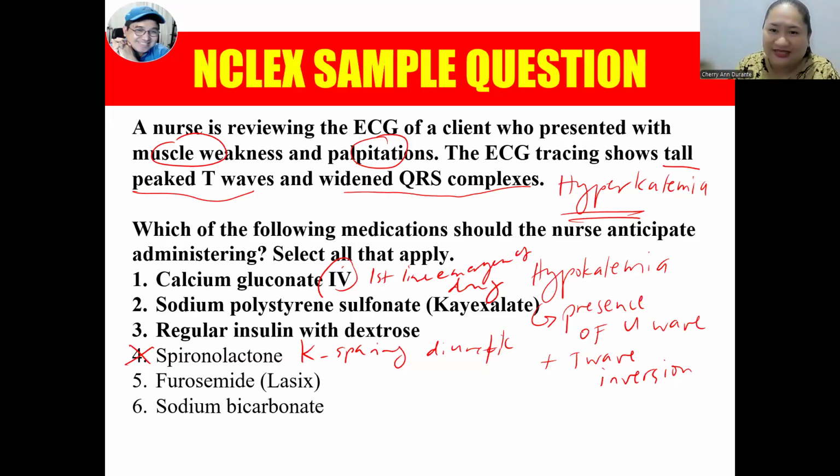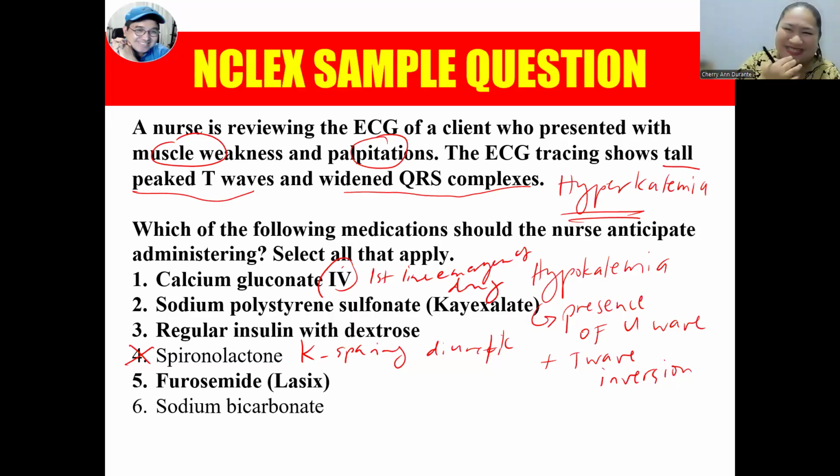Furosemide, Lasix. Guys, you know that when you urinate, potassium is excreted out, right? So giving your loop diuretic will enhance excretion of your potassium through the urine. Therefore, five is a yes. And number six, sodium bicarbonate.